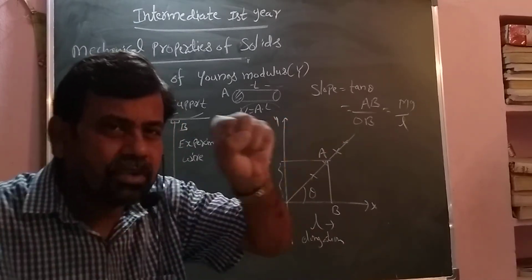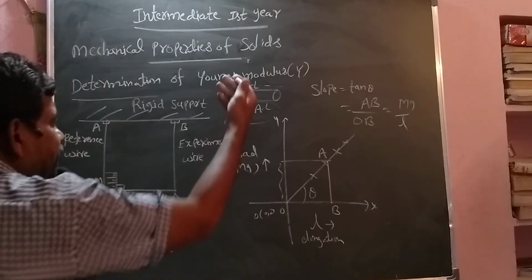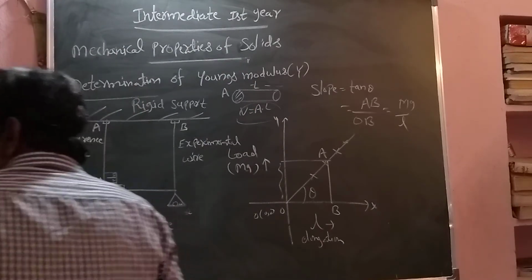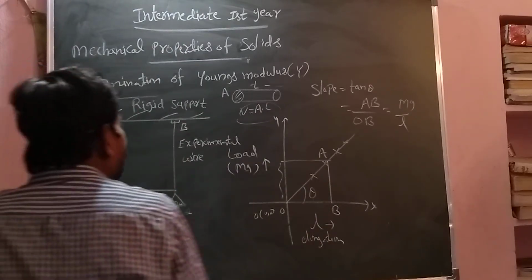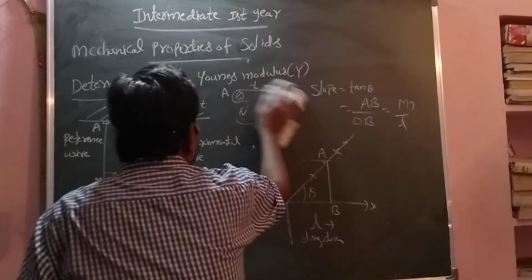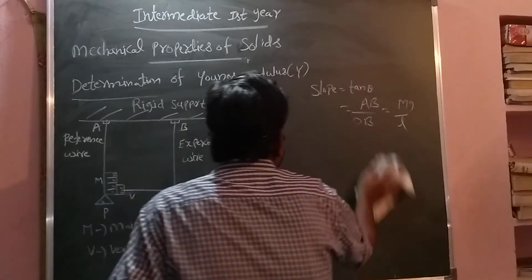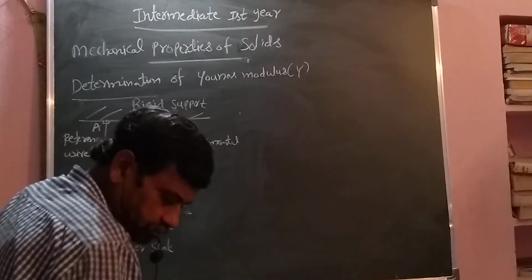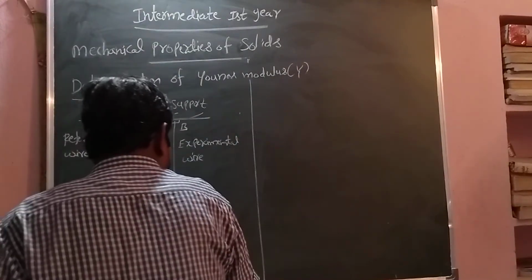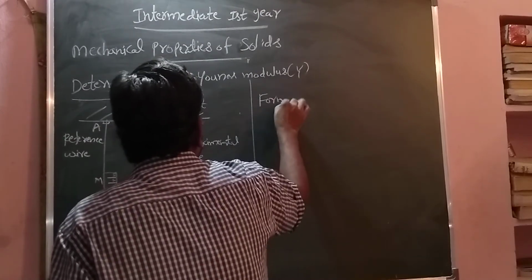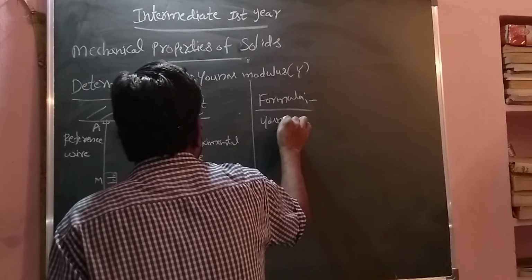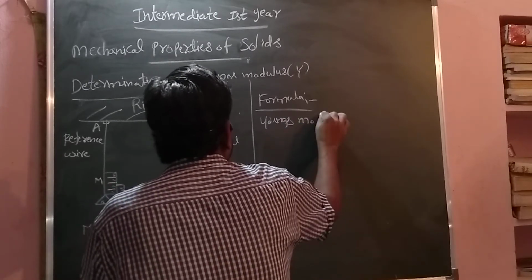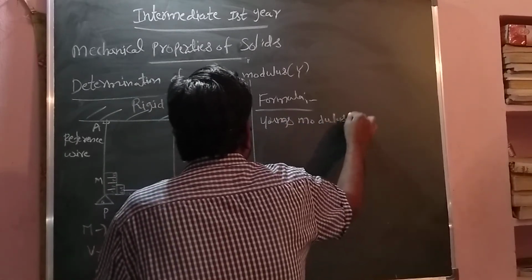Again, what is the formula for Young's modulus? Young's modulus is denoted by Y, and it equals F by A divided by l by capital L, where l is the elongation and capital L is the initial length.